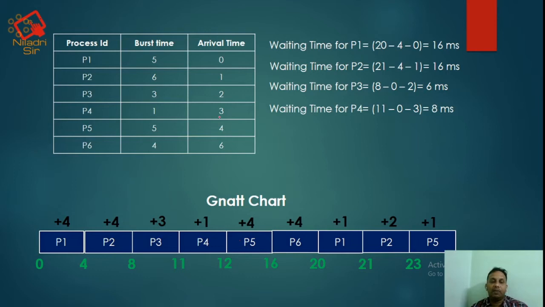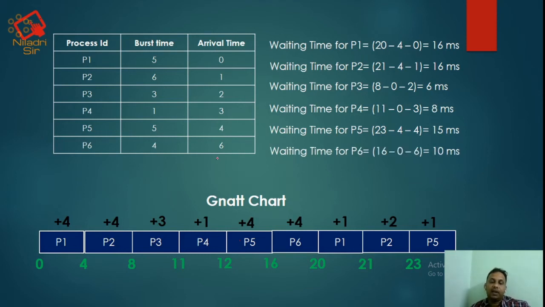The arrival time of P5 is 4, so 23 minus 4 minus 4, that is 15. Next one is for P6. P6 last executed here, at 16, never executed before, so 16 minus 0 minus 6, that is 10.